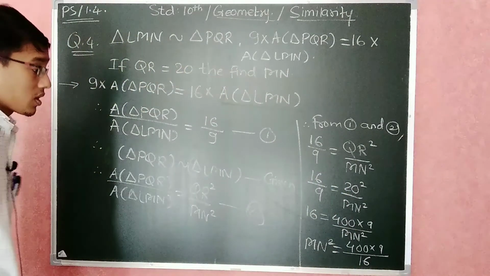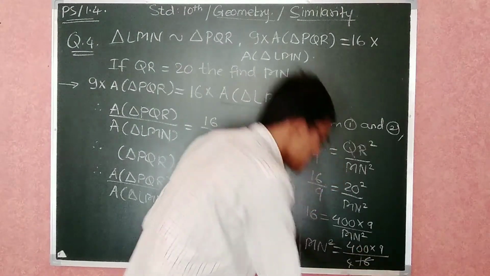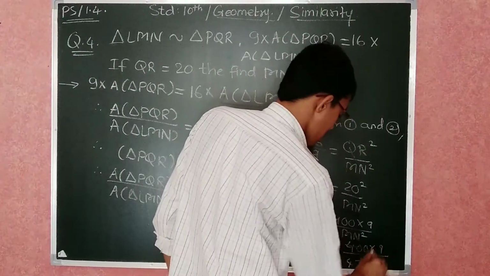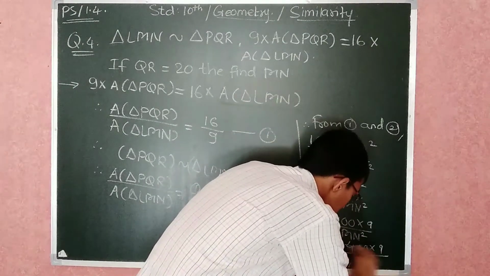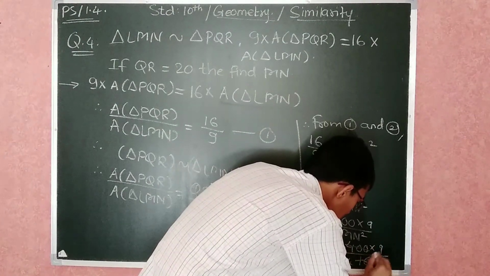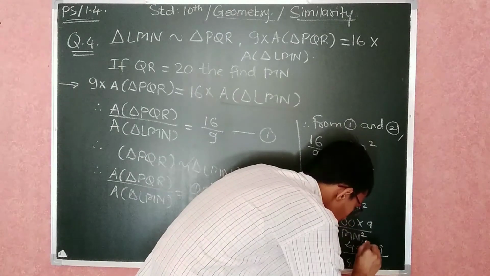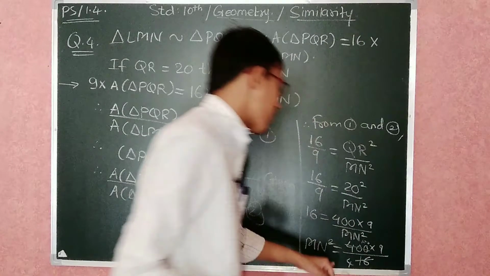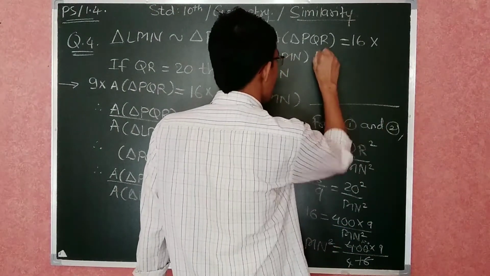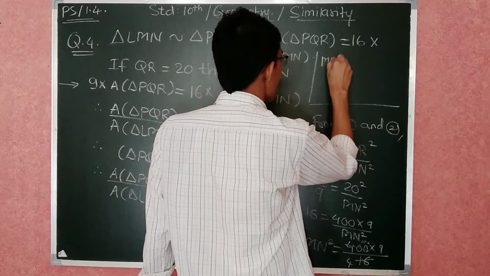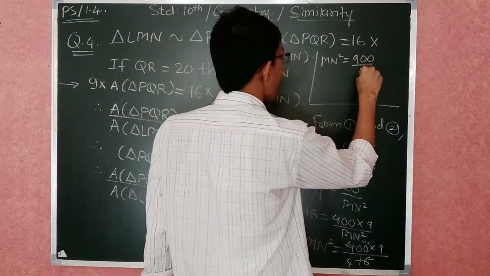Now I can write 4 4s are 16 and 4 100s are 400. So 4 into 100 is 400, so I can take 100 over here. So I have got MN square is equal to 900 upon 4.